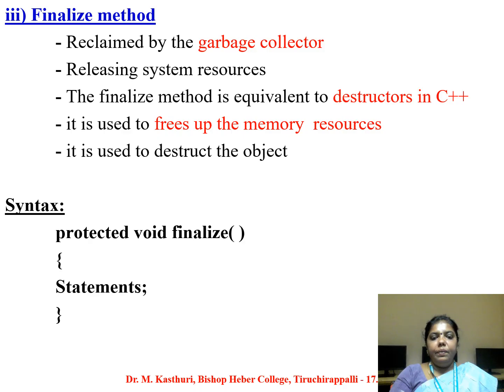The finalize method in Java is helpful to be reclaimed by the garbage collector. It acts like a destructor in C++. It is helpful to free up the memory resources. In Java there is no destructor concept, but it is indirectly achieved by the finalize method.